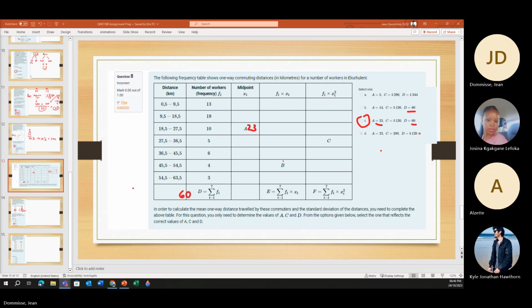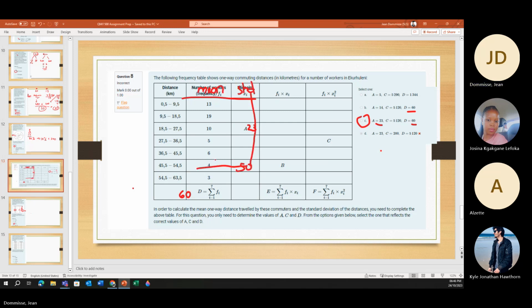Then we need to work out what this midpoint is. So 55.5 plus 45.5 divided by 2 is 50.